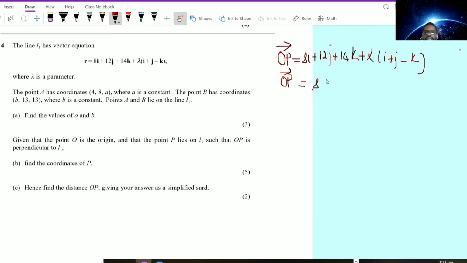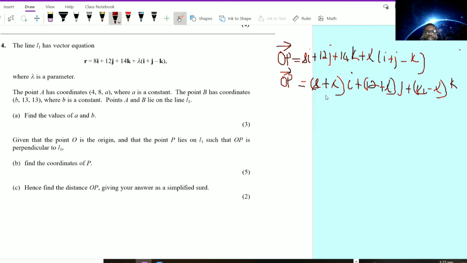It would be 8 plus lambda i, plus 12 plus lambda j, and then plus 14 minus lambda k. This is the vector.